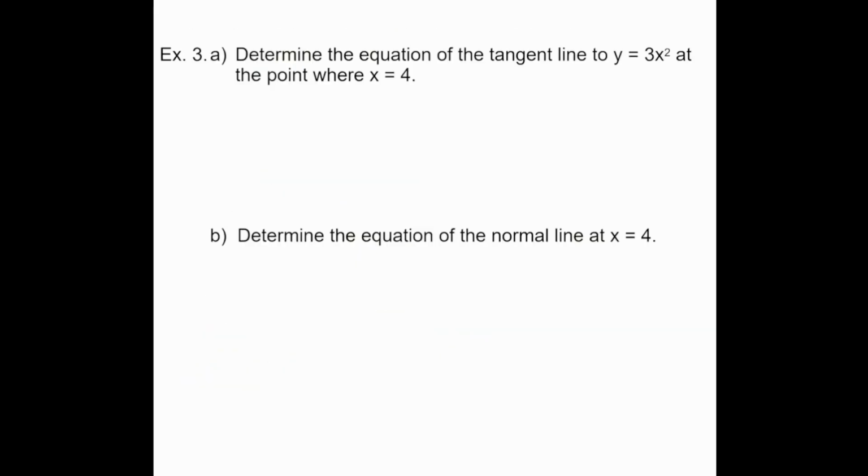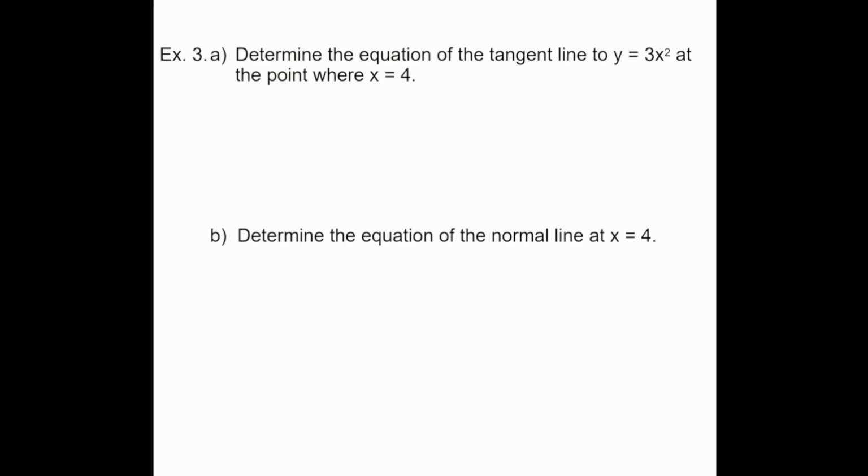Now let's take a look at a question that asks us to find the equation of the tangent, that's just the equation of the derivative, of y equals 3x squared at the point where x equals 4. So there are 3 steps to this question. The first step is going to be to find the y value of the original point equation when x equals 4. And we're going to do that by substituting x equals 4 into that equation.